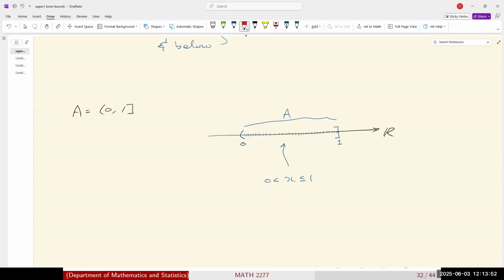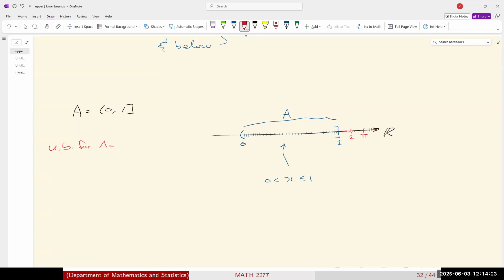So for the set A, let's first do an upper bound. So what are some possible upper bounds for A? An upper bound for A is just a number bigger than everything in the set. So the set ends at 1. So just pick any real number you want, bigger than 1. 2, that's fine. You could pick pi. Pi is up here, 3.1, right? Or you could pick any of these elements.